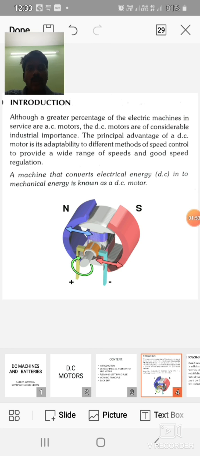The principal advantage of a DC motor is its adaptability to different methods of speed control to provide a wide range of speeds and good speed regulation.